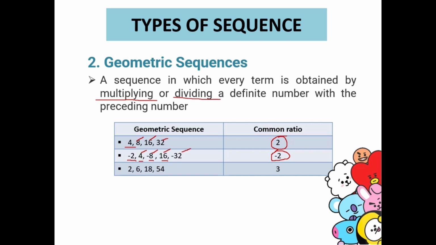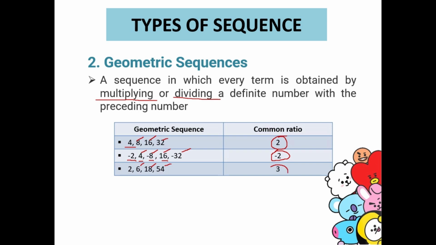Observing from the given, the values are increasing, which means it's multiplying. From 2, we multiply by 3, we get 6. From 6, we multiply by 3, or 6 times 3, 18. And then 18 times 3 is 54.